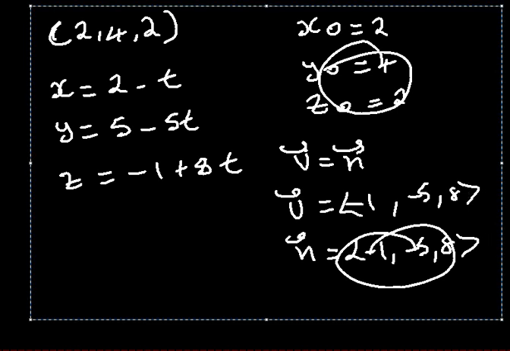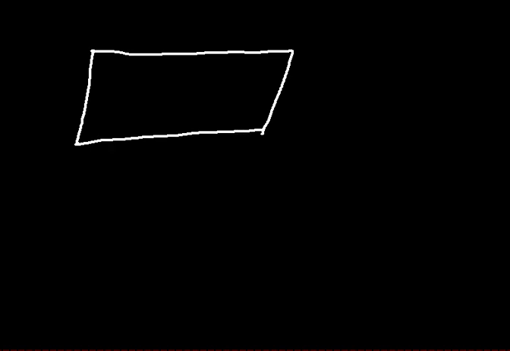Now, what if the plane and the line are parallel? Let's have this case. Let's say this is a plane, and on the plane we have a single point. I'll call it a point P with coordinates x naught, y naught, and z naught.